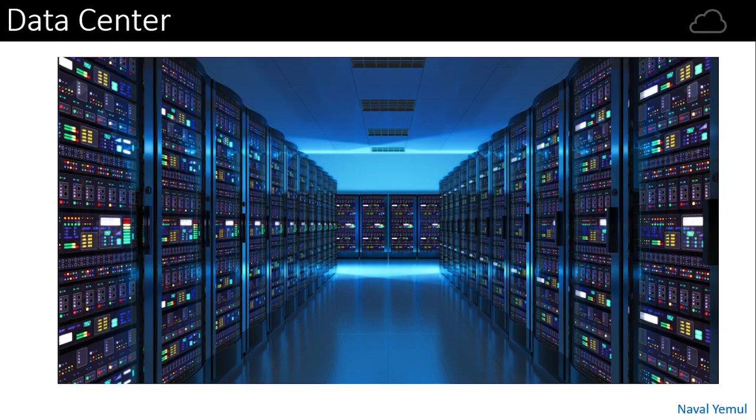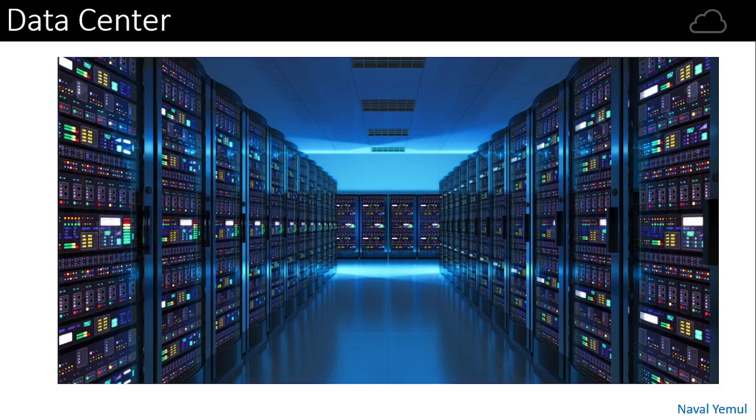When you talk about the cloud, we call it a data center. Data centers look like this. If you want, you can go to YouTube and see more about how exactly data centers look. In every geographical location, these companies have built their data centers. This is how your data center looks, where you store things.